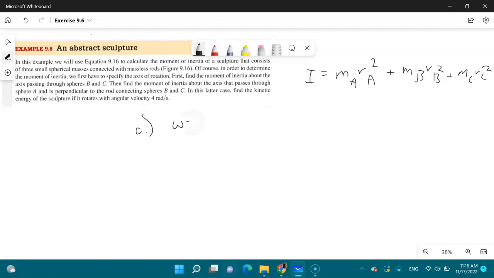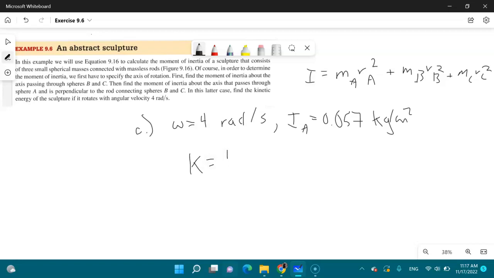So we know that the angular velocity that we're being asked about here is 4 radians per second. And then the inertia that we calculated, the inertia of A, is 0.057 kilograms meter squared. So we're being asked to find the kinetic energy in this case.